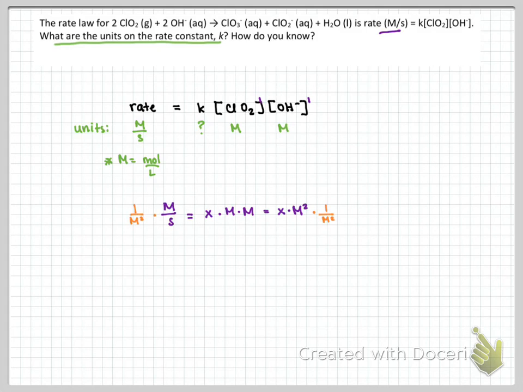We could divide both sides by molarity squared, which is the same as multiplying by 1 over molarity squared. If we do that, on the left side, we'll have 1 over molarity times seconds, and on the right side, we'll get rid of molarity squared altogether and be left with x. Since x represents the units of k, that means that 1 over molarity times seconds are the units of the rate constant for this particular rate law.